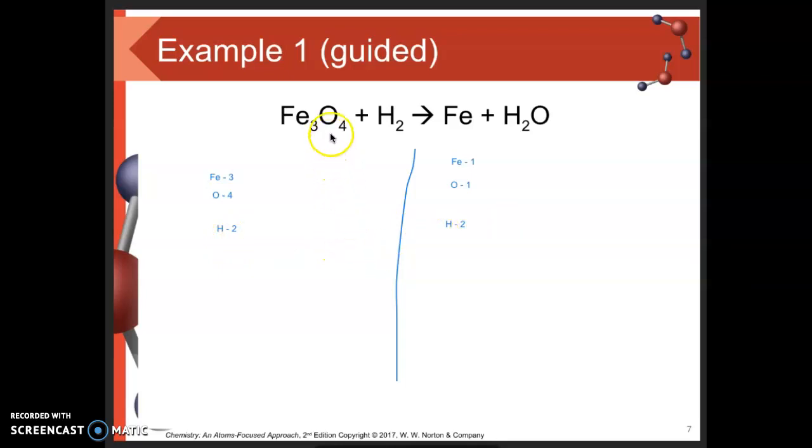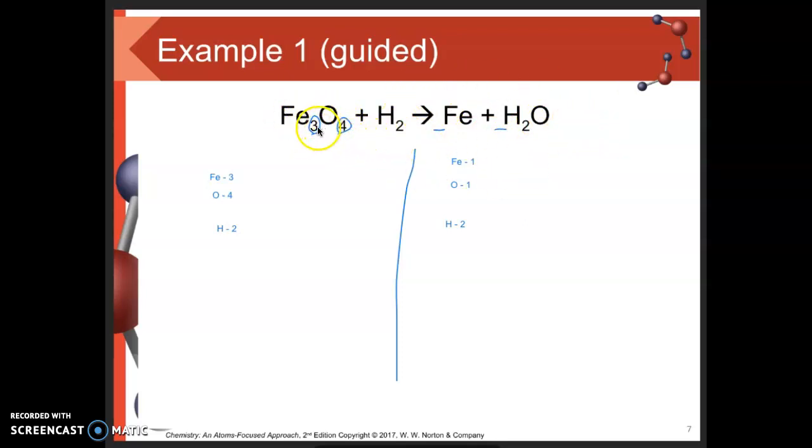Now, one trick I can give you automatically: if we see compounds that have multiple subscripts in them, there's usually a pretty good indication that these are going to be used in making coefficients on the other side. So what I like to do, if I see multiple subscripts on one of the reactants or products, I'm going to use that to balance the other side automatically.